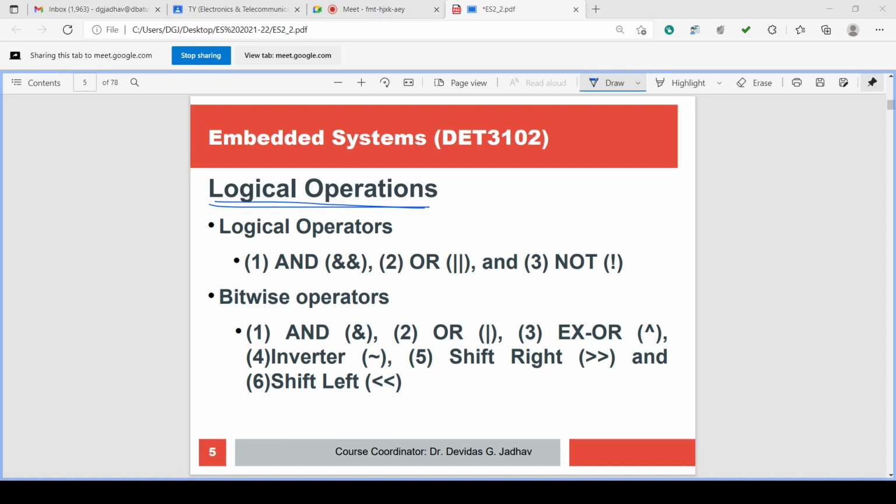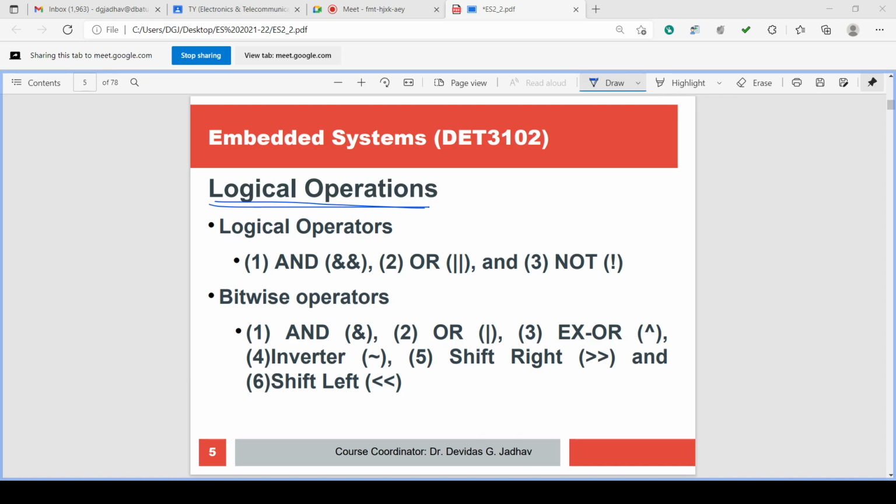In logical operators, as we know in digital logic, there are ANDing, ORing, and inverting or complementing operations. Similarly, XORing is there, just like ORing there is XORing, and NOT we call invert or complement.